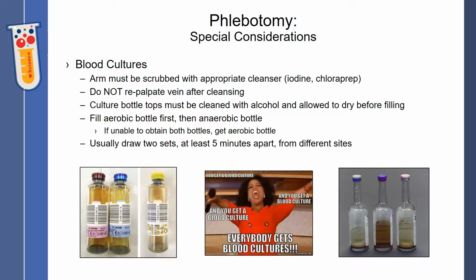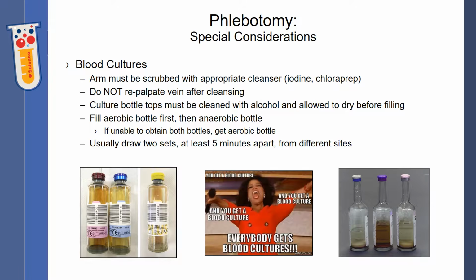So in the images here on the left, these are blood culture bottles for a certain type of blood culture machine or incubator. In general, the blue cap is aerobic, and that kind of maroon cap is the anaerobic bottle with the pink label. And then the yellow one is the pediatric bottle.